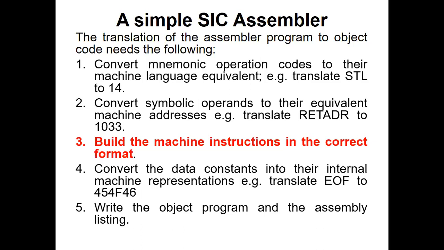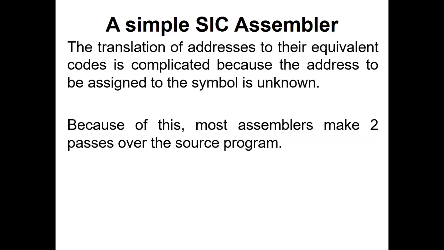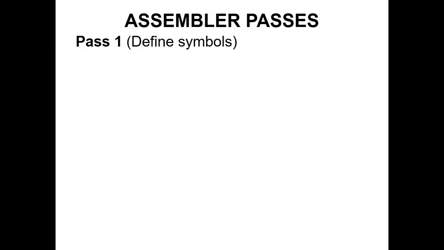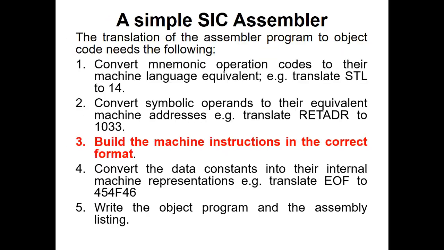You write the object program, that means you write all those instructions in their machine language equivalent, and then the assembly listing, which we are going to see, okay? Now, I hope that is okay, unless someone has a question before we continue. That is very important for the simple SIC.